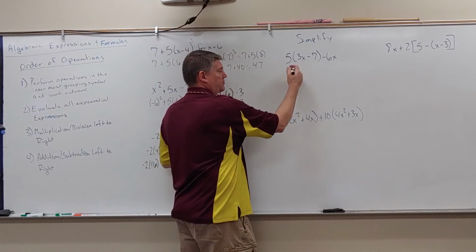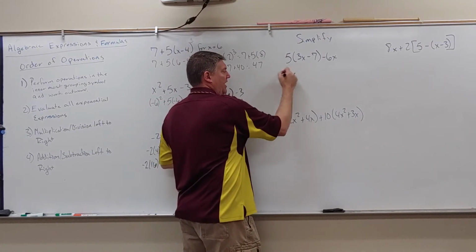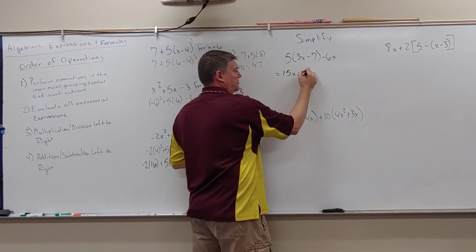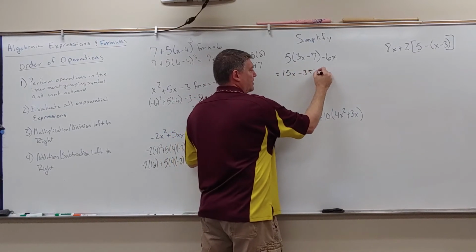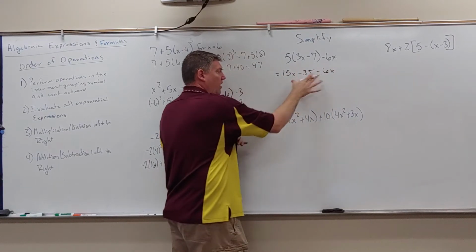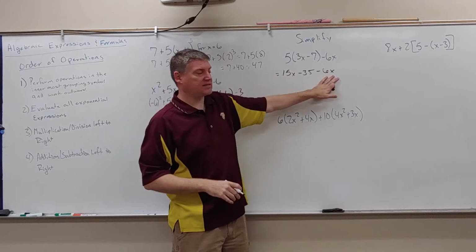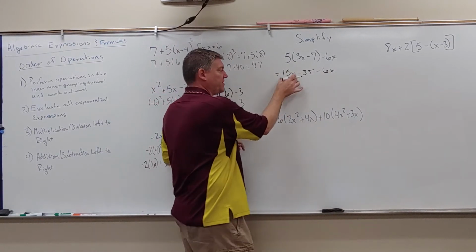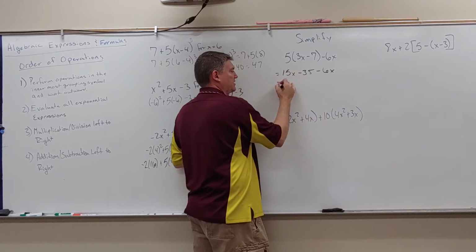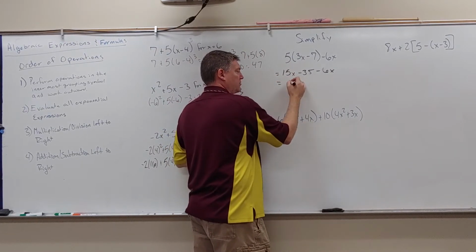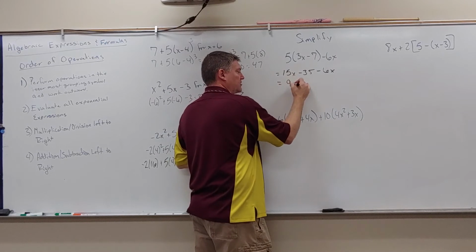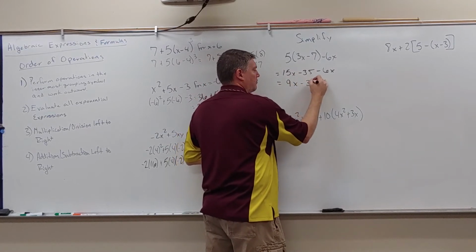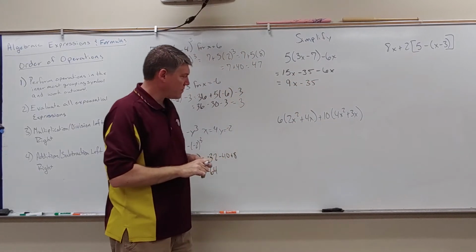So 5 times 3x is 15x. 5 times negative 7 is negative 35 minus 6x. Now, 15x and 6x are like terms because they have the same variable and the same power. So I have 15x minus 6x, and I'm just going to change my coefficient.